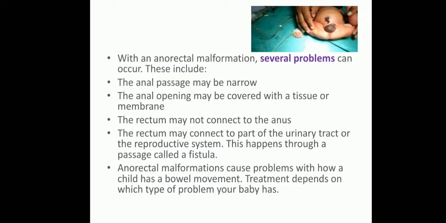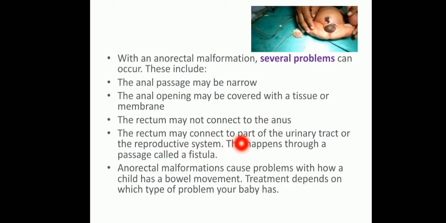Anorectal malformations cause problems with how a child has bowel movements. The treatment depends upon which type of problem the baby has. If the anal passage is narrow, you should dilate it. If the anal opening is covered with tissues or membranes, they are removed. If the rectum does not connect to the anus, surgical intervention is needed.